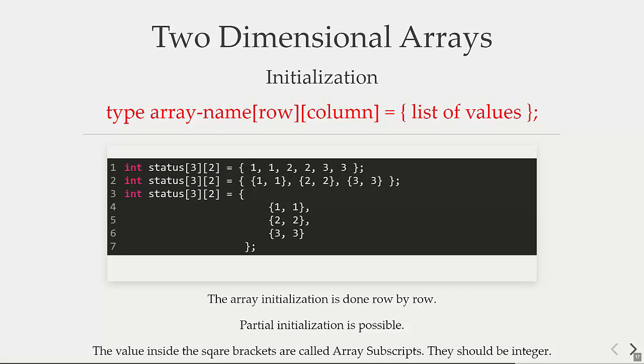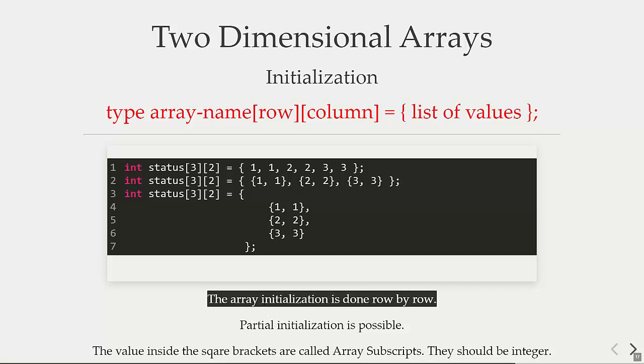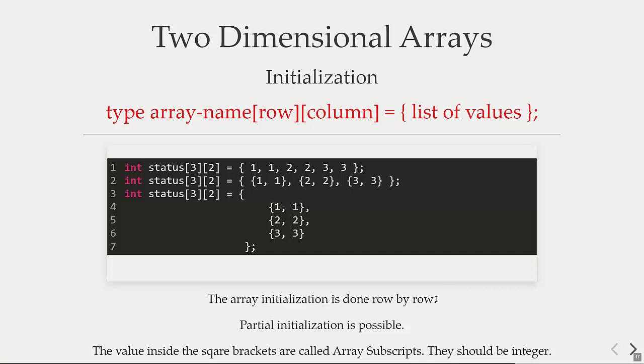If you look at the note over here, it says the array initialization is always done row by row. That means the first row is completed first, and then the second, and then the third, right? If you look at this array, it is of size 3 cross 2. When I say 3 cross 2, it means there are 3 rows and 2 columns, right?